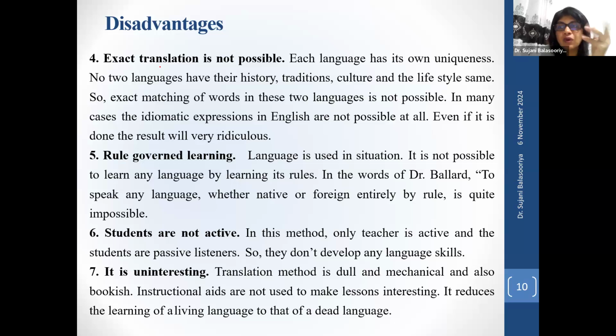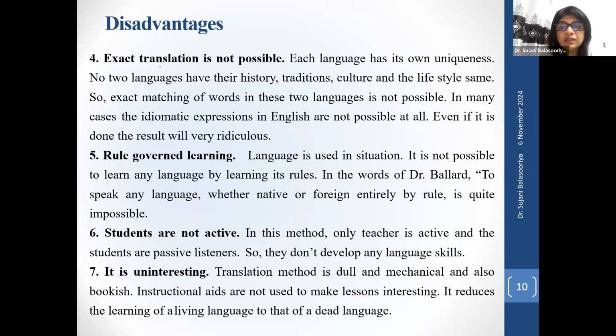Everything is revolving around the rule governed nature. But when you naturally think about the use of language, do you think we are always concerned with the rules when we are using the language, right? No. Language is used in situations. According to the situation, the appropriate variety of language is chosen. So only by learning the rules, you can't say you have learned the language very well.